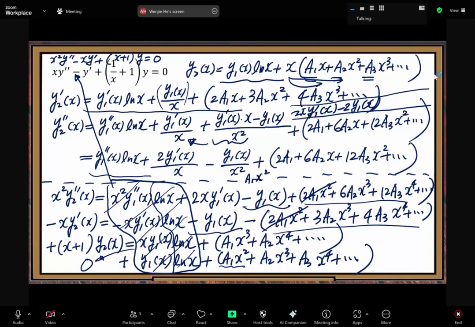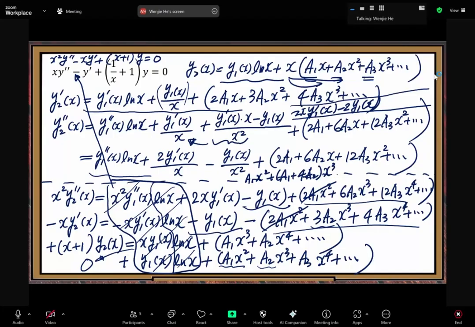The x cubed term: 6 minus 3, 3 A2, plus A2. So 4 A2, A1, so here you see plus A1 plus 4 A2 x cubed.